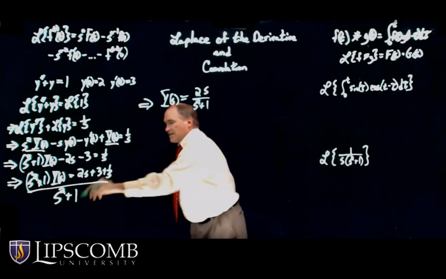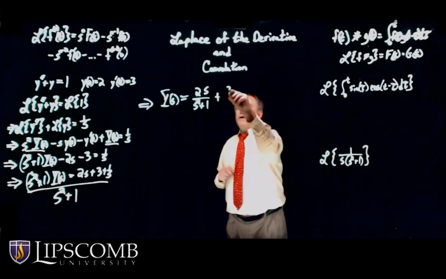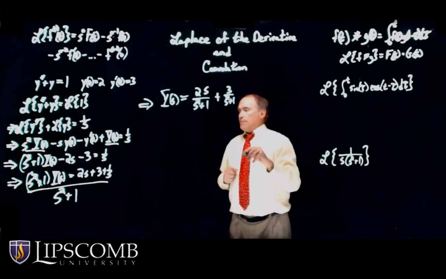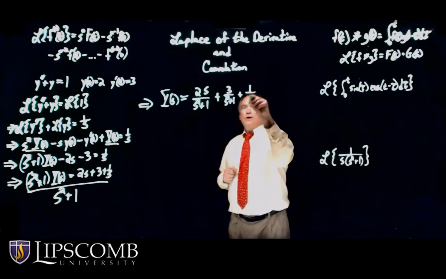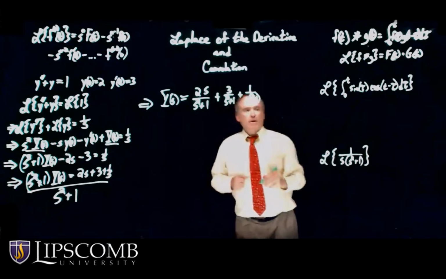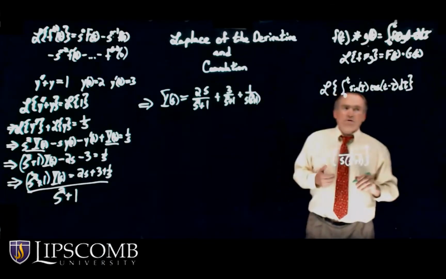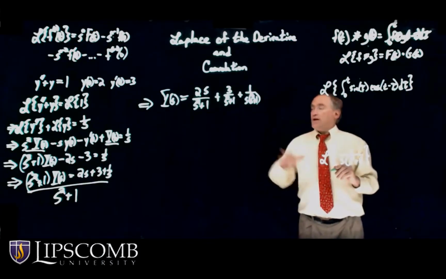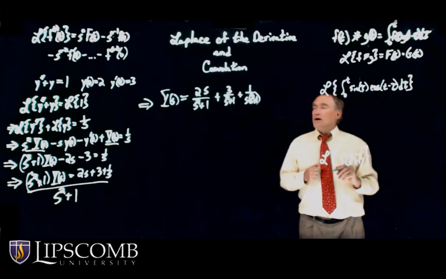Then I've got this one, plus 3 over s squared plus 1, plus 1 over s times s squared plus 1.